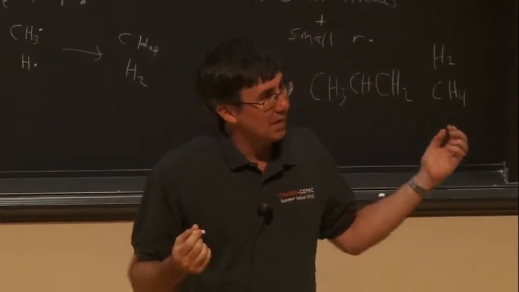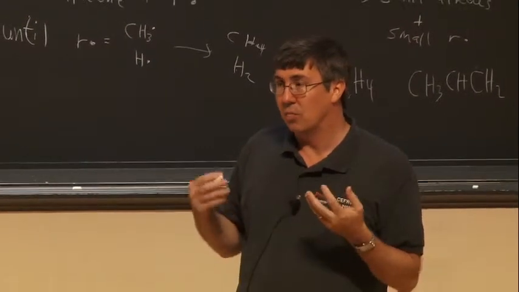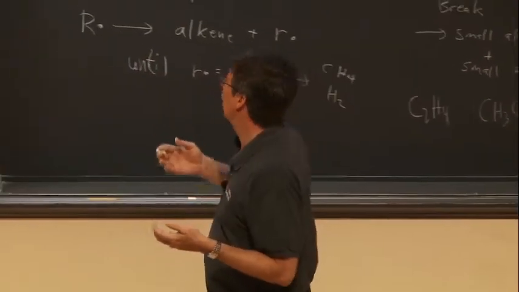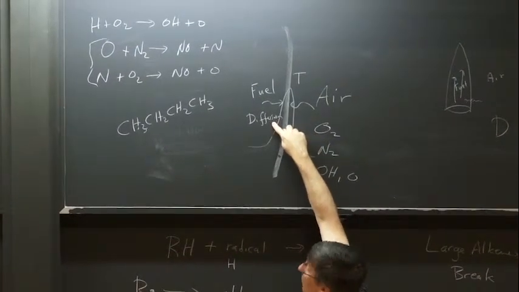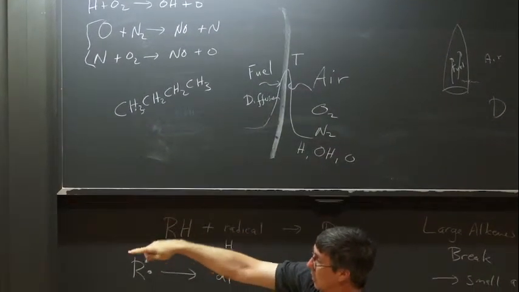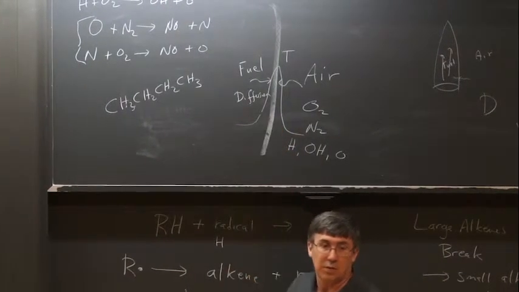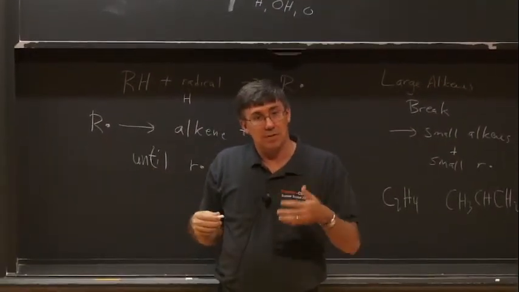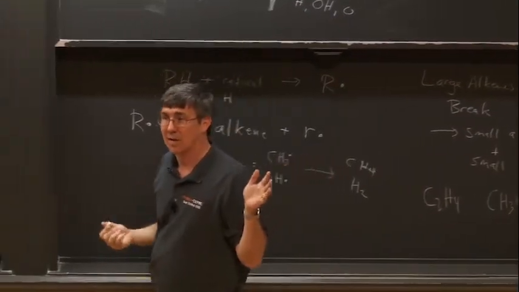So benzene becomes like a sink. And then if you're in a situation where you are still over here and you haven't made it to the flame front yet, and you've already gotten up to making benzene and you're having lots of acetylene, then you're likely to make lots and lots of soot. Because once you start, benzene turns out to be the rate limiting step forming the soot, typically. And so after that, you're in trouble.